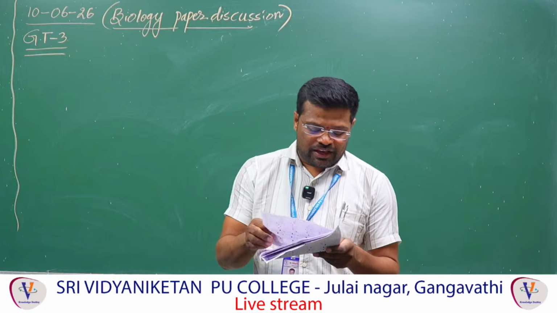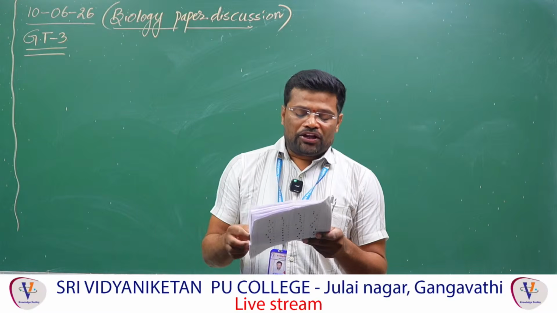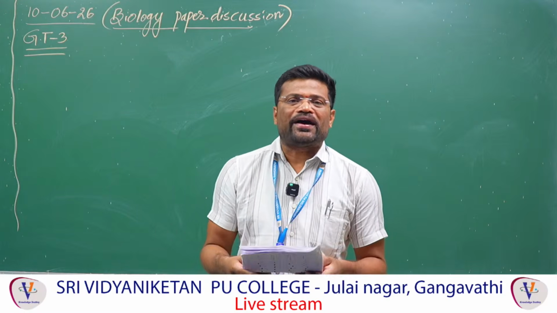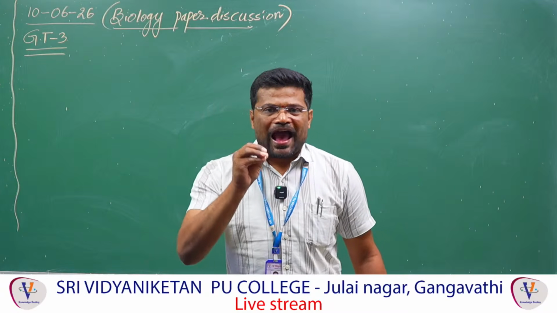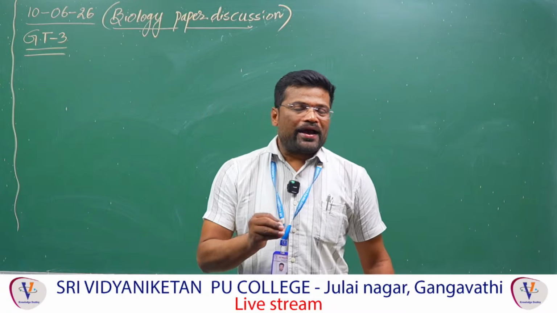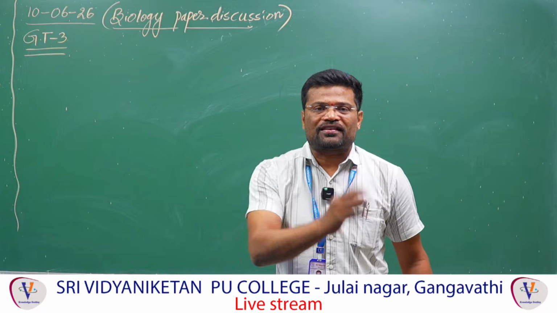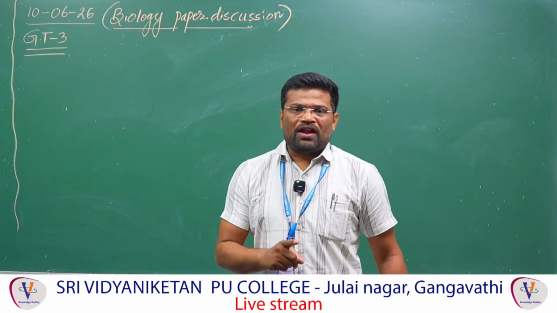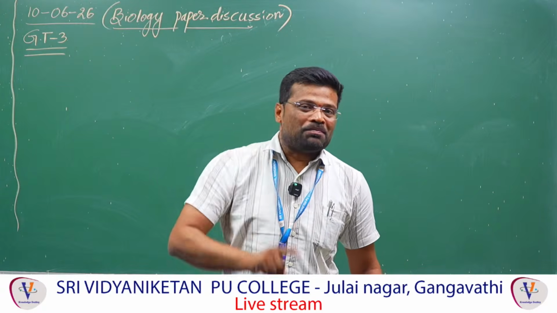Question number 96, match the column. Radula. Radula is the characteristic feature of Pila. The common name of Pila is apple snail. Pila or apple snail belongs to the phylum Mollusca. Radula is one of the basic fundamental characteristic features of phylum Mollusca.